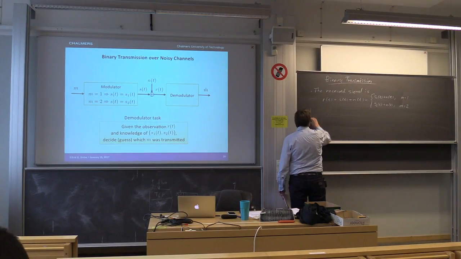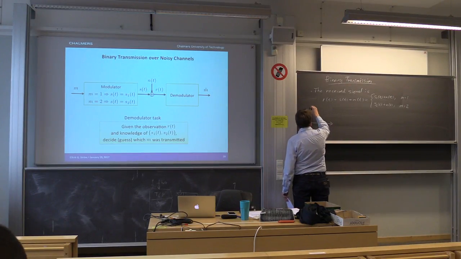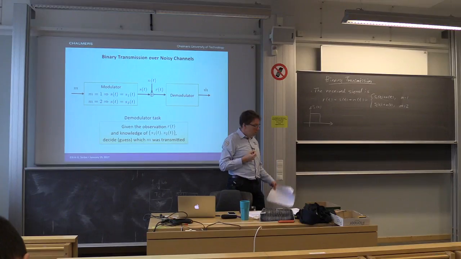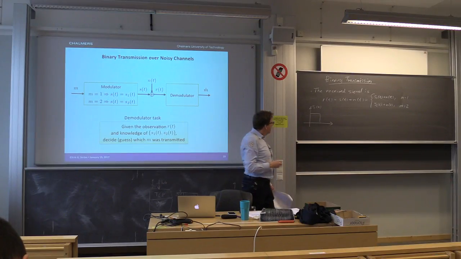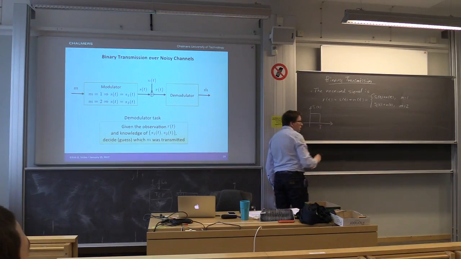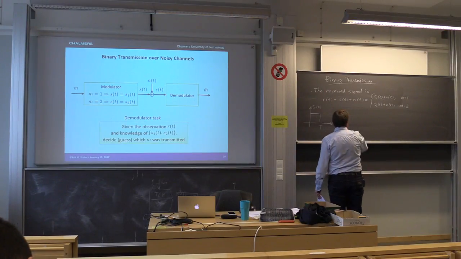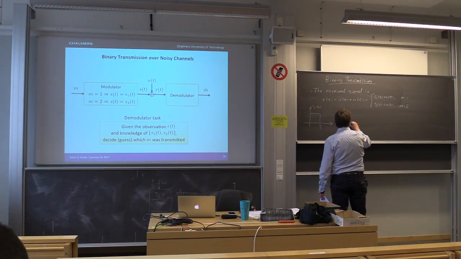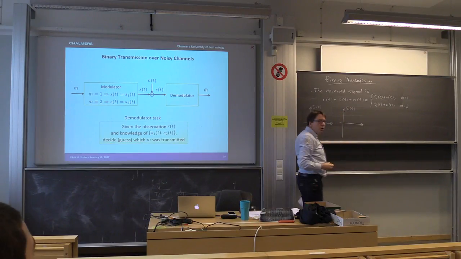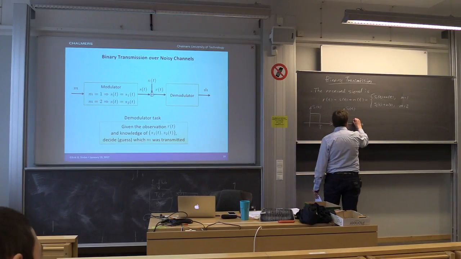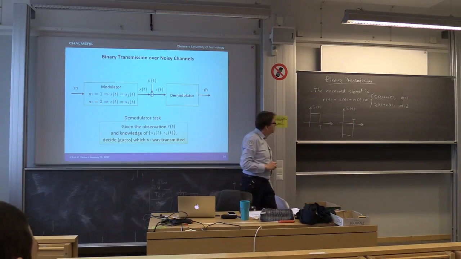Okay, now for a simple example, let's assume that S1 is just a square pulse like that, with some duration t seconds, say. And for the sake of this example, let's say that S2 is just a negative of S1, so it's a negative pulse with the same duration.